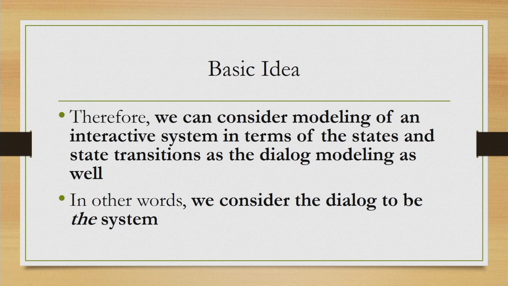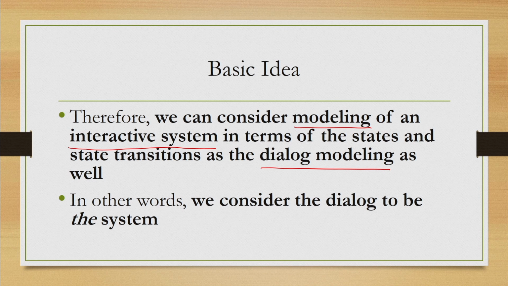So, if that is the case, then we can consider modeling of the interactive system as dialogue modeling as well. So, when we say that we want to model our interactive system in terms of system states and transitions between states, essentially what are we trying to model?